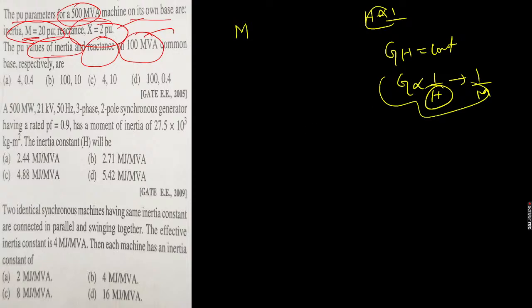So what is the conclusion here? Since these two are inversely proportional to each other, M1 into G1, case number 1, equals M2 into G2. Now the question is, what is the new M2 for the new base?